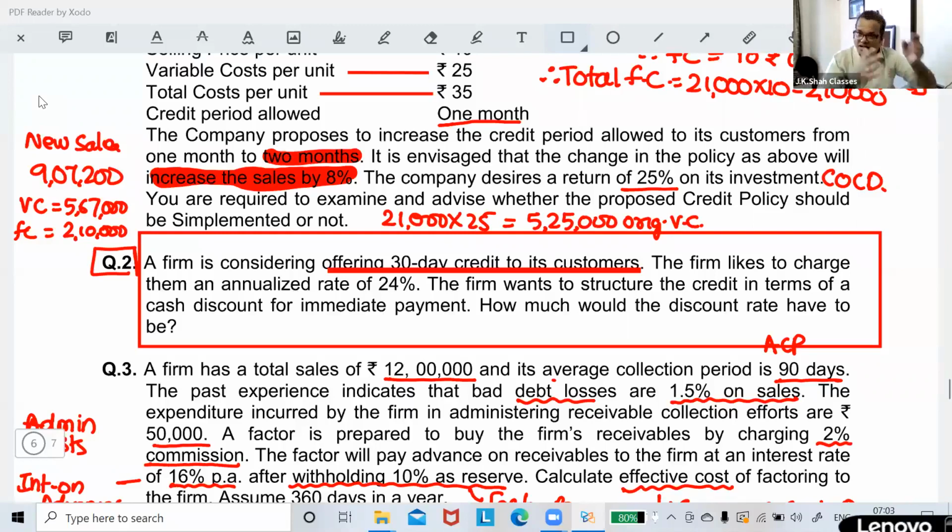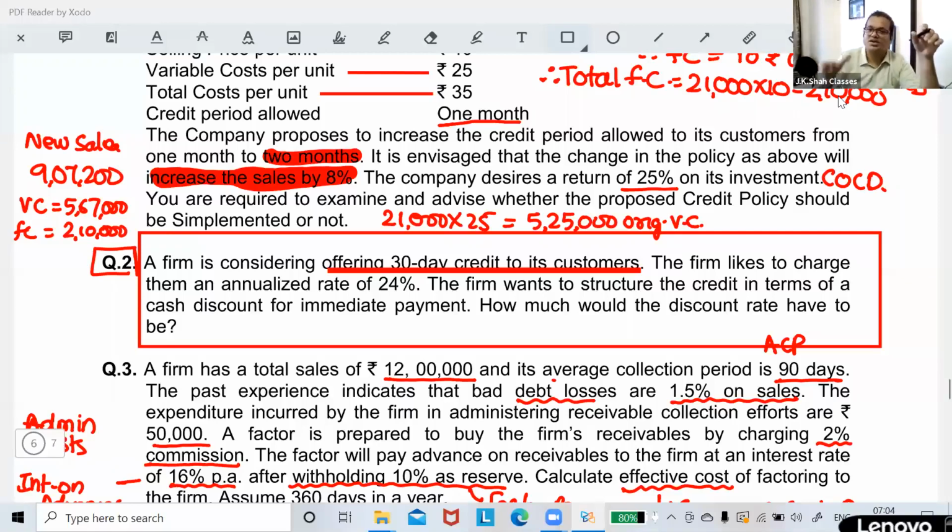Let's see. You remember 2 by 10 net 30, 1 by 10 net 45, right? What is the idea over there?